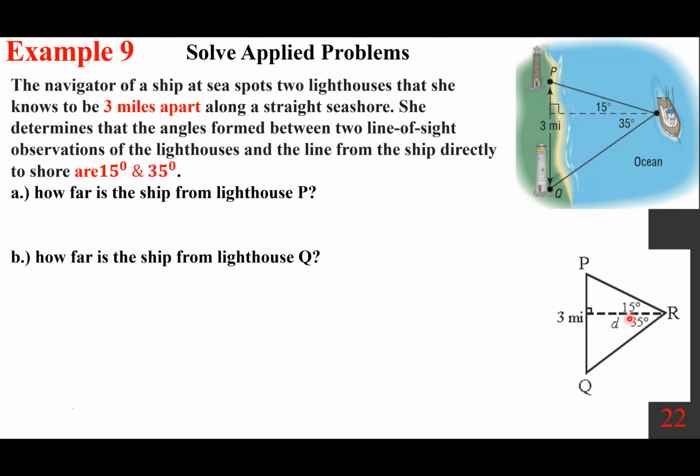This one is 35 degrees. PQ has a distance of 3 miles. And we want to see how far the ship is from P, so we want PR, and from Q, QR. So we want PR and QR.